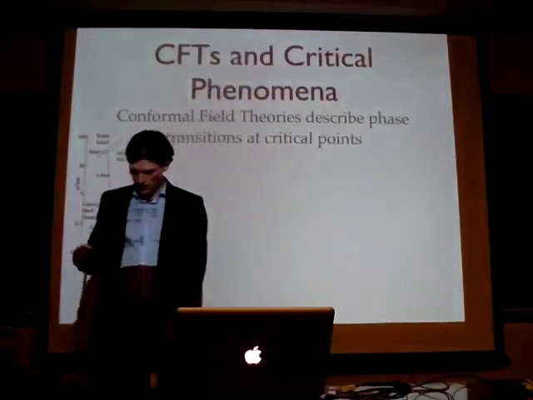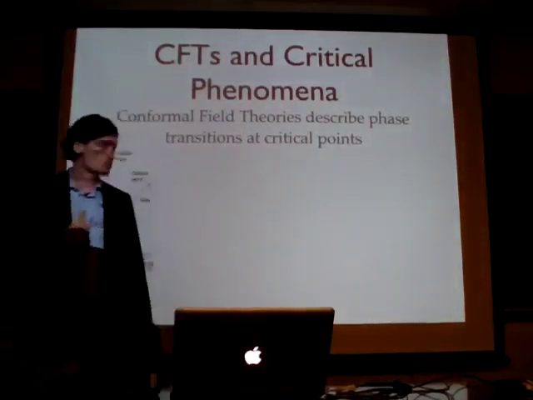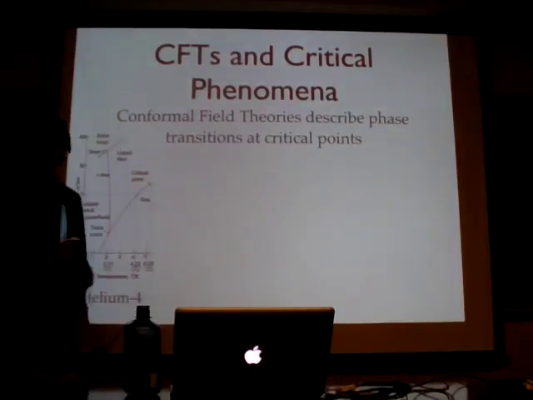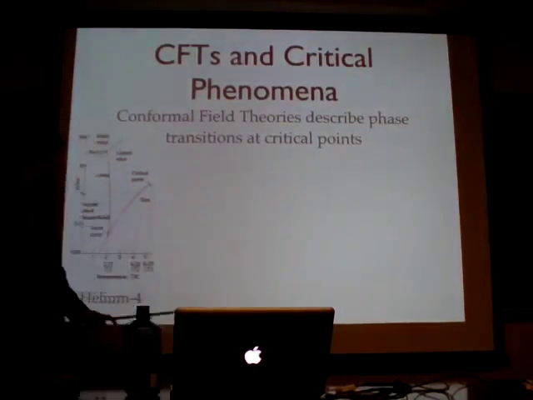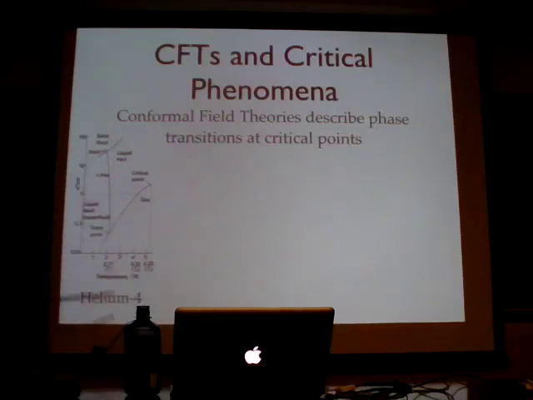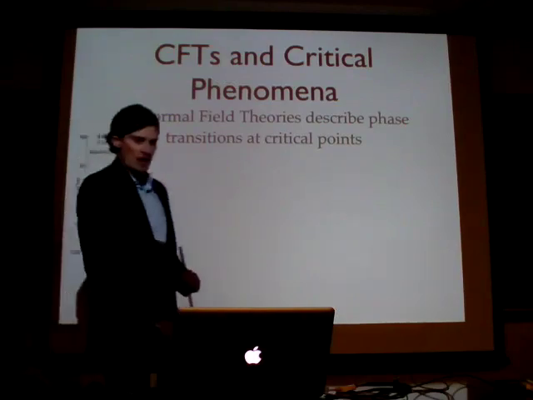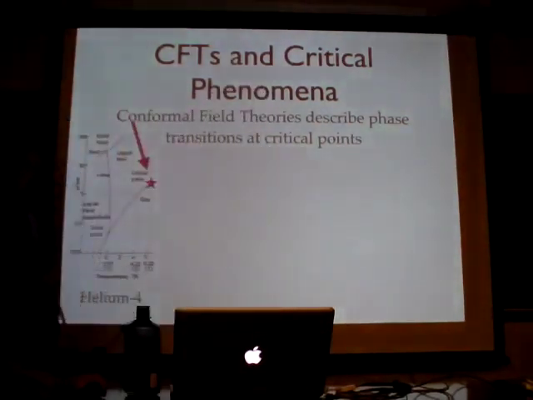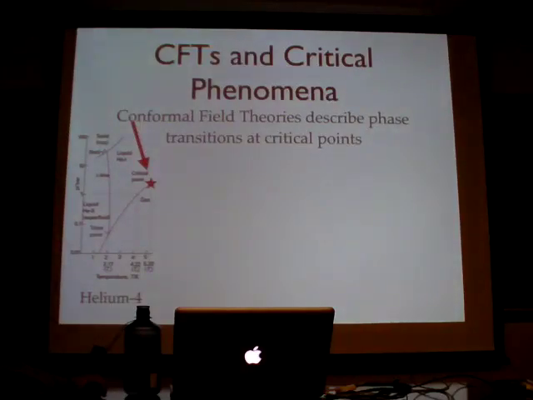So let me start with some of these connections. The first one I want to discuss is possibly the most down-to-earth: the theory of phases of matter, specifically transitions between those phases. Here's a picture of the phase diagram of helium-4, with temperature on the x-axis and pressure on the y-axis. There are a number of different phases and transitions between them. The places that are relevant for conformal field theories are so-called critical points, critical phase transitions.